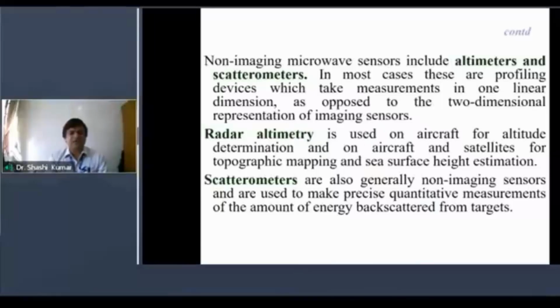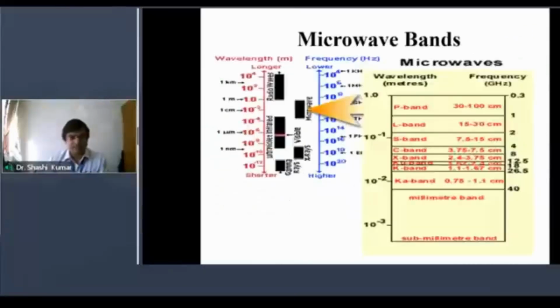Spectrometers are also generally non-imaging sensors and are used to make precise quantitative measurements of the amount of energy backscattered from targets. But it is also possible to work with an imaging spectrometer. But mostly spectrometers are non-imaging sensors.